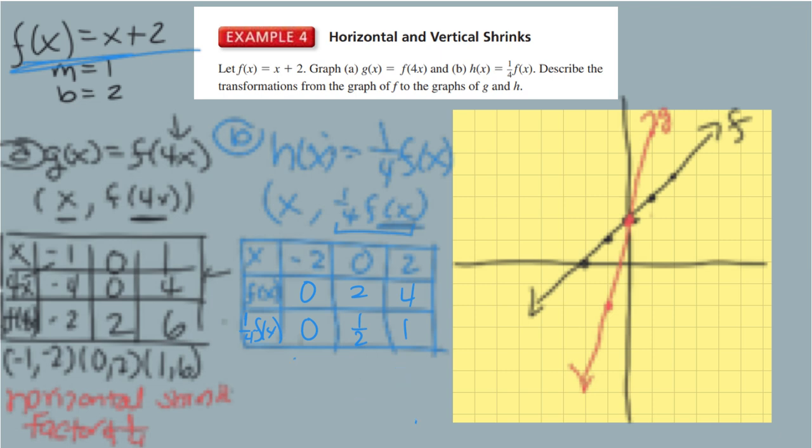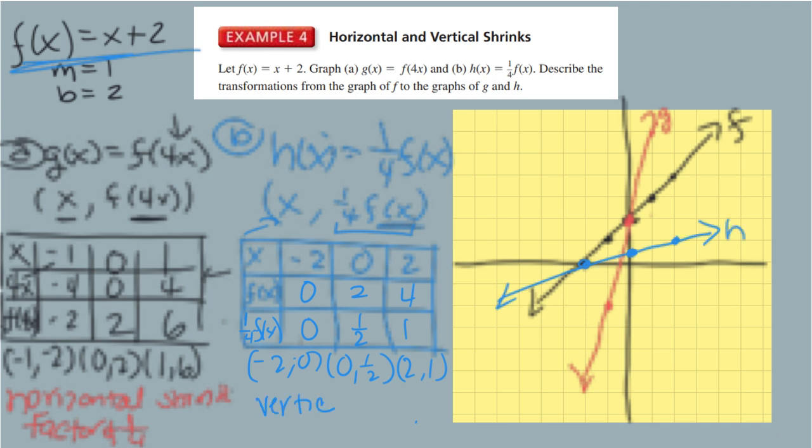We have our ordered pairs now. What's going to be an ordered pair? -2, 0, and 0, 0.5, and 2 and 1. This is for line H. We have a what?